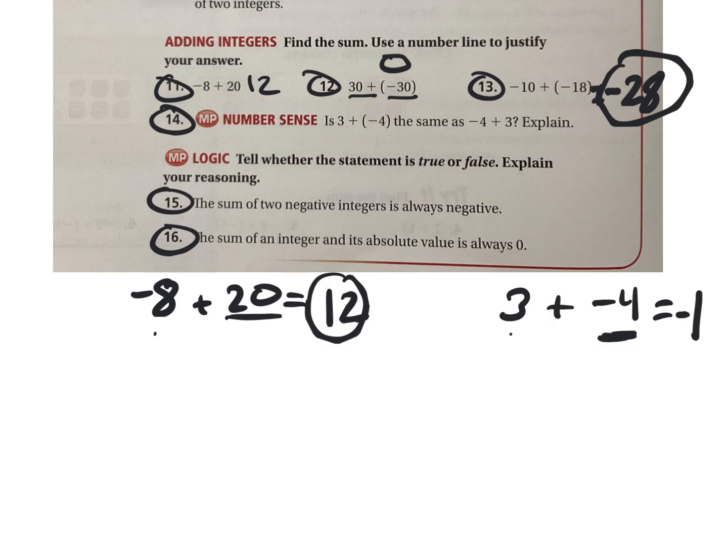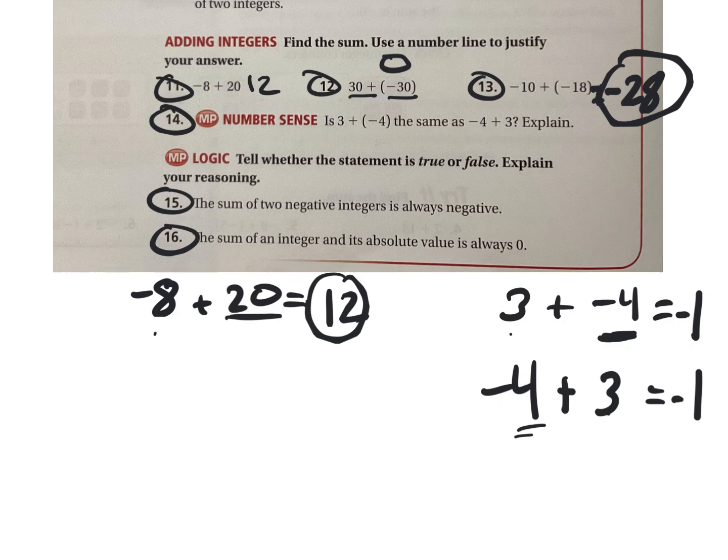Now let's see if that's the same as -4 plus 3. So they're opposite signs. Absolute values is 4 and 3. I take away the 3 from 4, leaves me with 1. Which one has a bigger absolute value is the negative, and so it'd be a -1. These are the same.